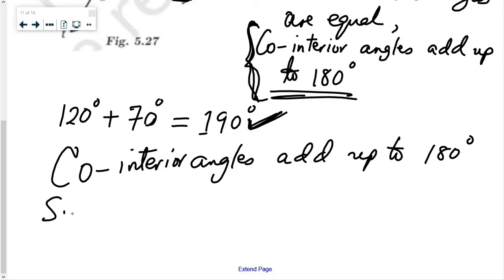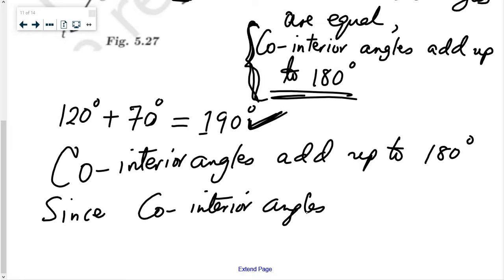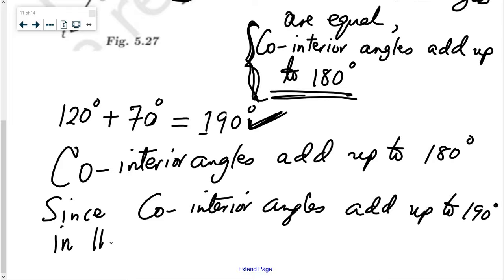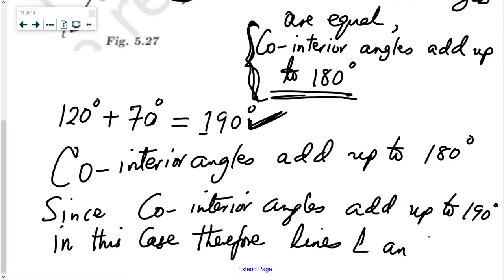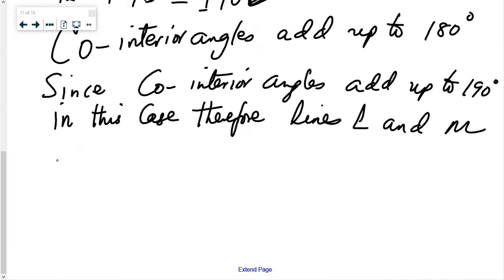Now, since co-interior angles add up to 190 degrees in this case, therefore, lines L and M are not parallel.